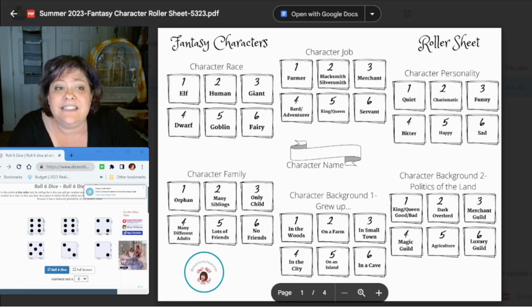Well, this lesson is for those days when you just need a little something to do. It's a writing lesson. I thought we would start with writing because writing can go on all summer no matter where you are. I chose fantasy because I really like the fantasy genre, especially for writing.